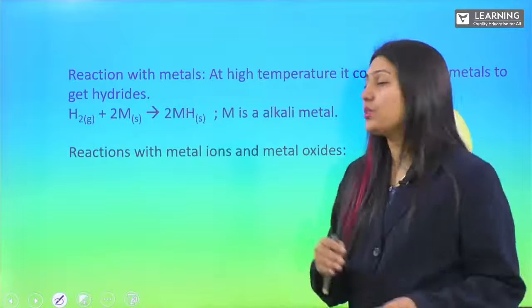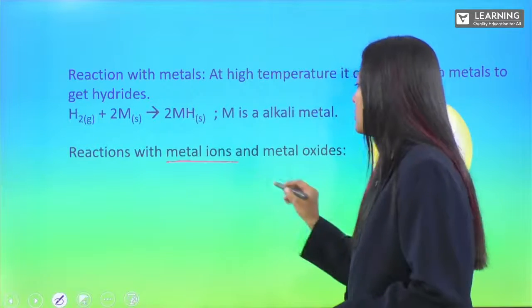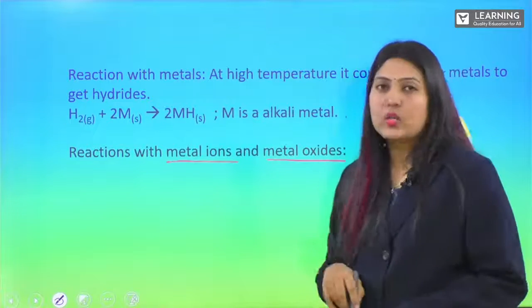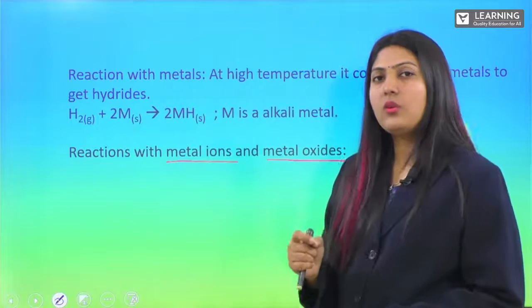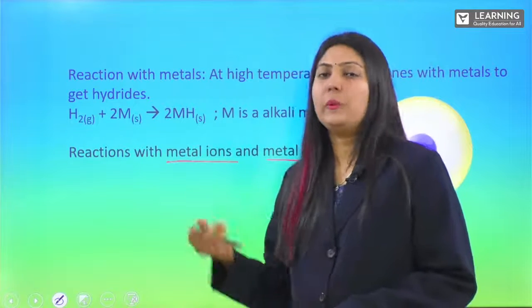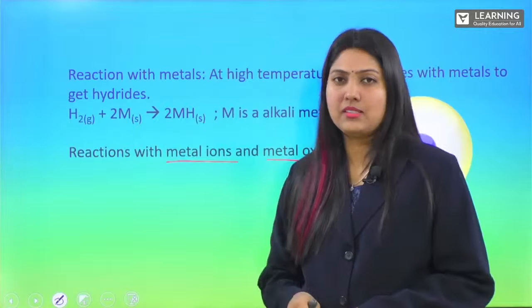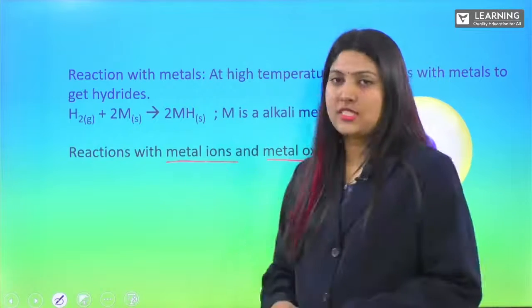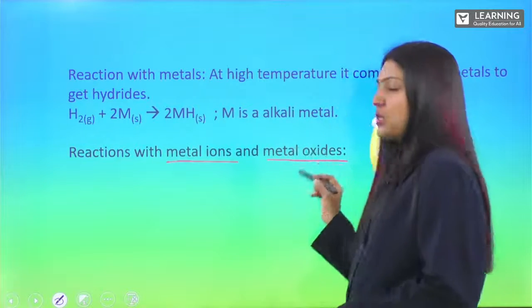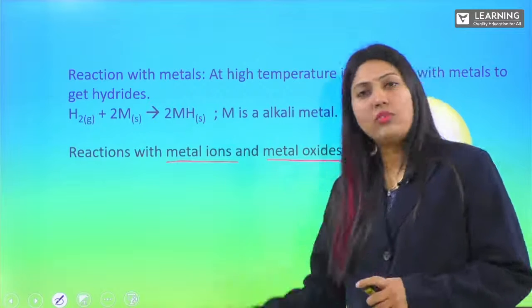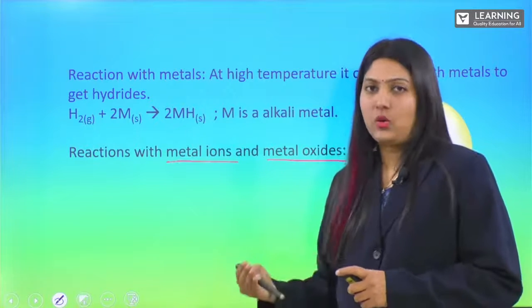Next, reaction with metal ions and metal oxides. We know ions are formed by removal of electrons from the metal. Hence we get metal ions and metal oxides. When metals are reacted with oxygen, we get metal oxides.